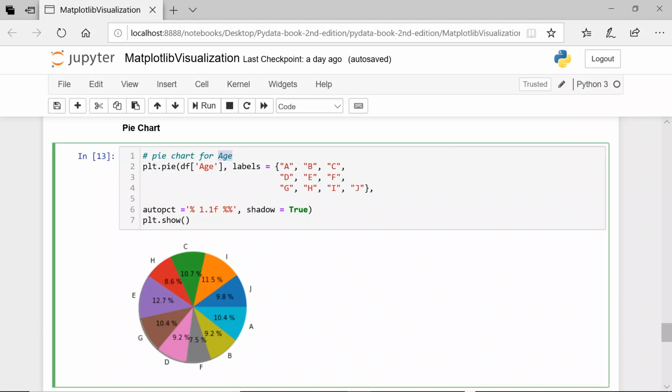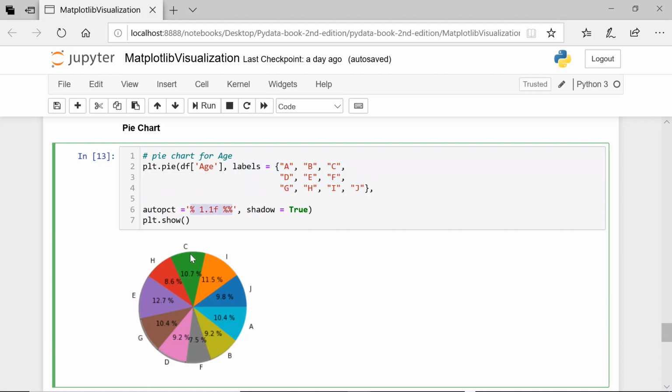We can use the dot pie function here, which gives us the pie chart. These are the labels, so we just give it the names, according to different age group ranges, B, C, D, F, G, up to J. And this one here is for the formatting style.